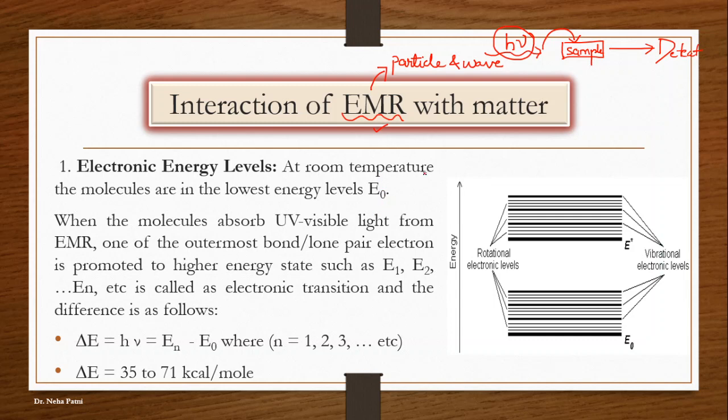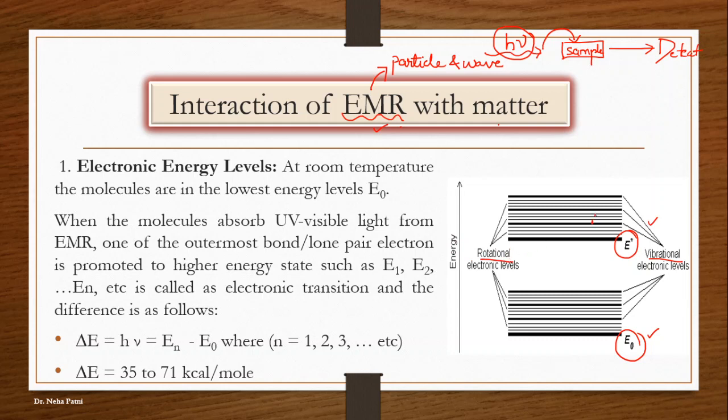Now, when the electromagnetic radiation falls on the sample, certain transitions take place. If you can see here, this one is the electronic energy level. I hope you remember that matter has a ground state, an excited state and so on. In between these levels there are more levels, like vibrational and rotational.